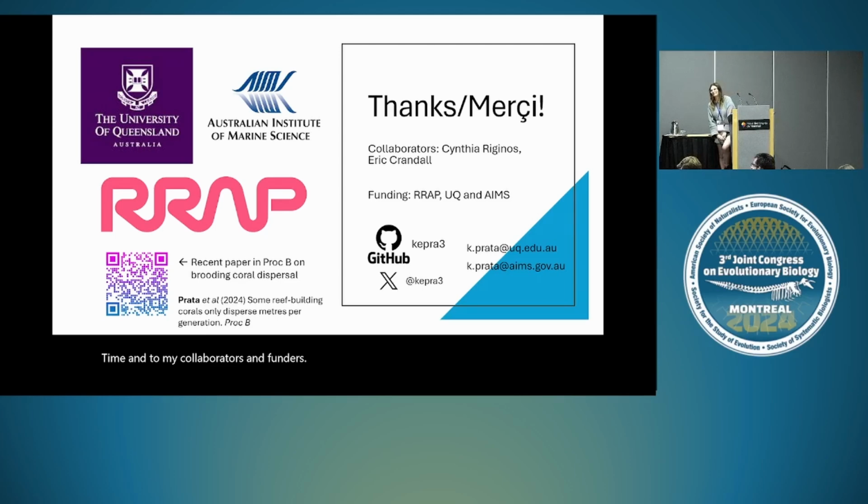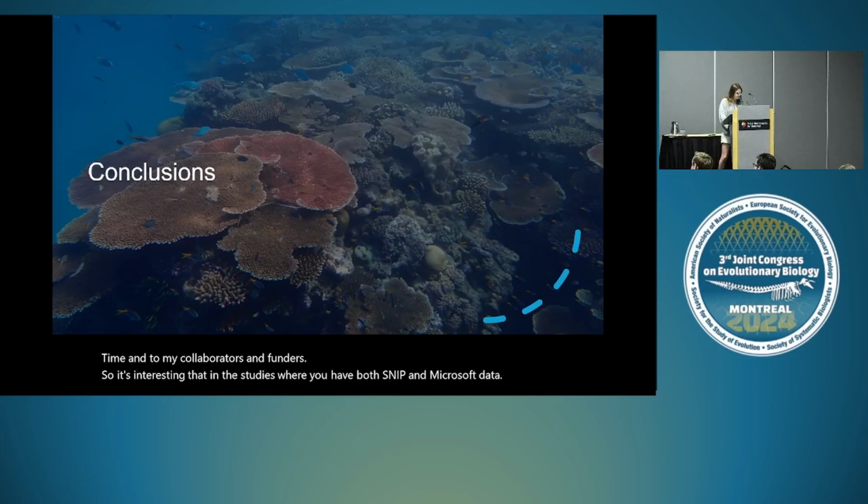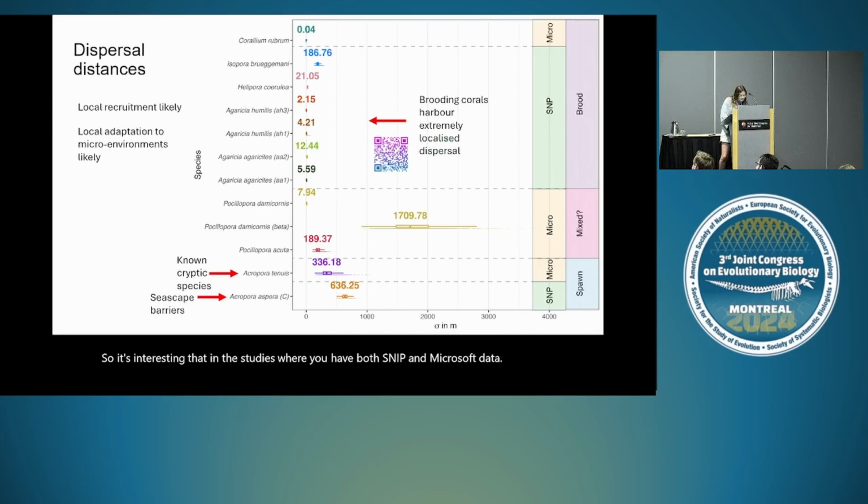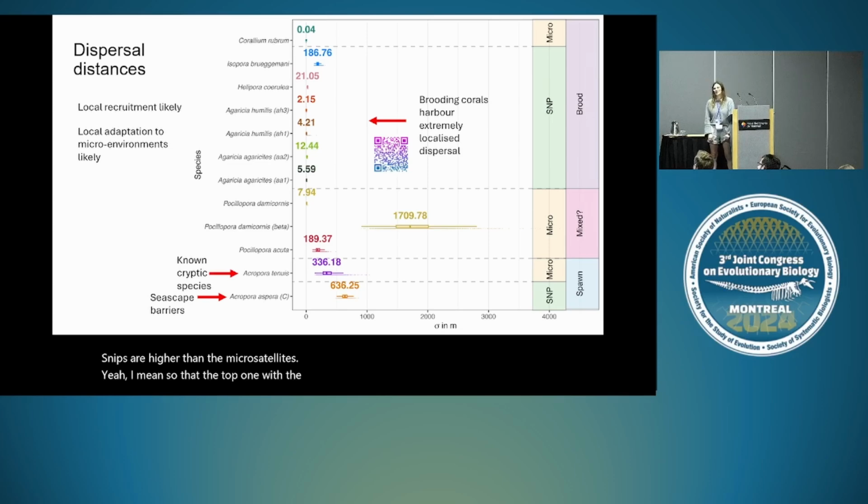It's interesting that in the studies where you had both SNP and microsat data, the SNP dispersal distances were so much higher than the microsats. What do you think is going on there? The top one with the microsatellite is a deep sea coral.